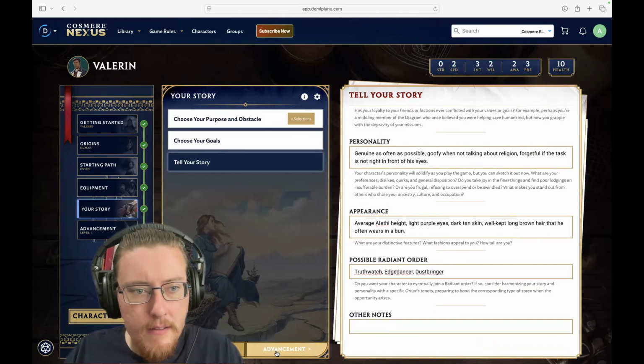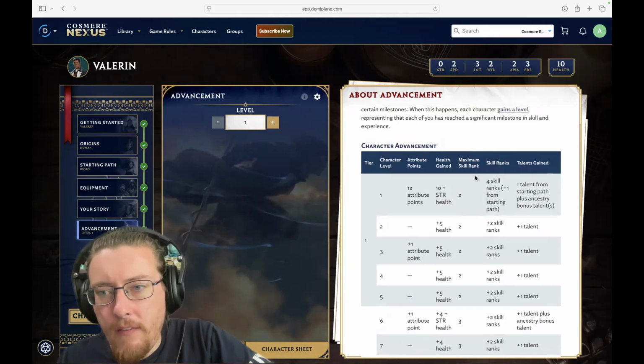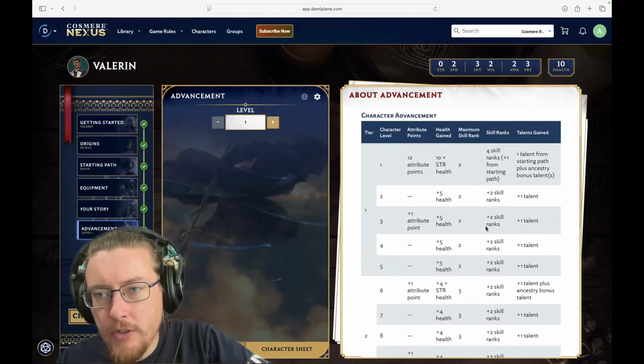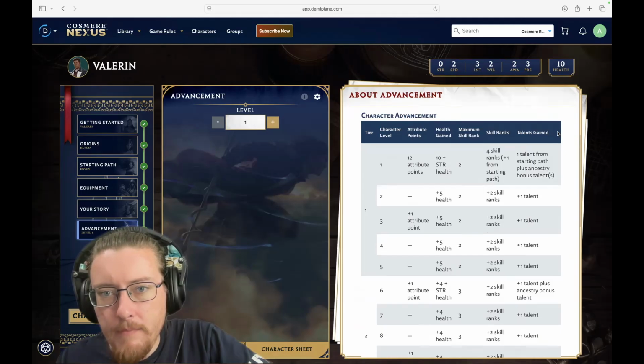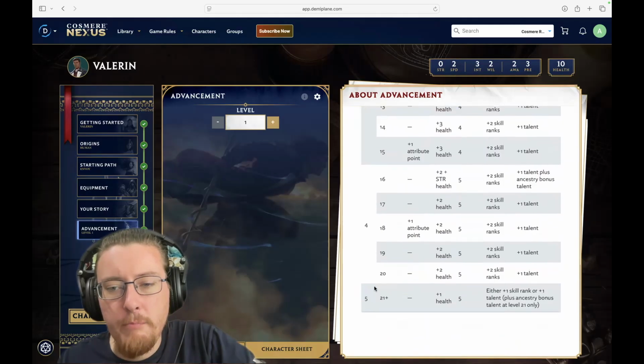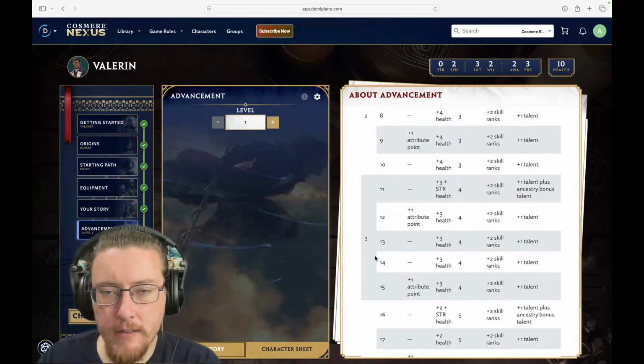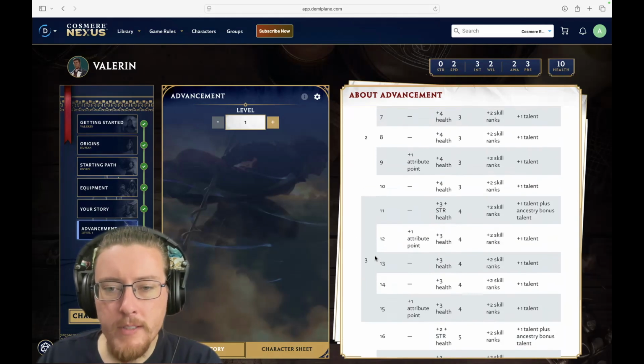And then after that, you go to advancement. It gives you a sheet that tells you what you get at each level. These tiers over here are the tiers of play. So campaigns and adventures could say tier 1 through 3, or it's a tier 3 adventure.